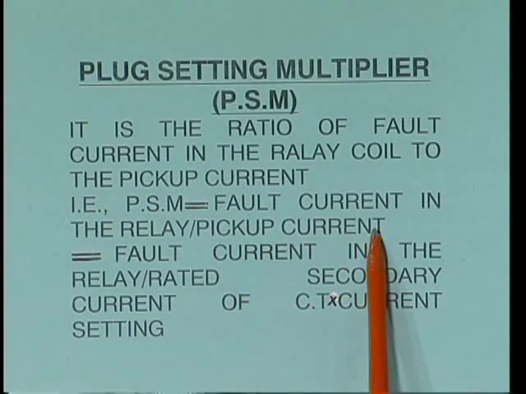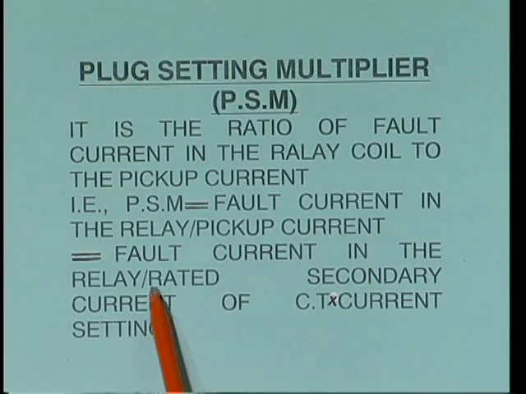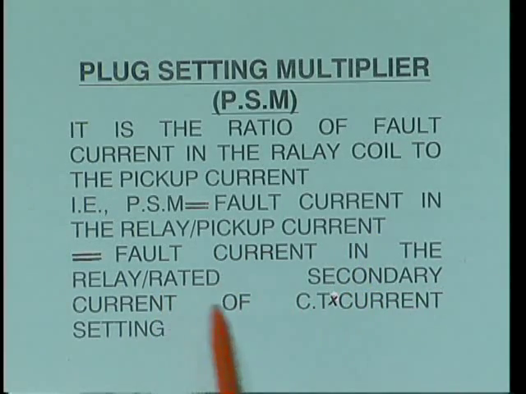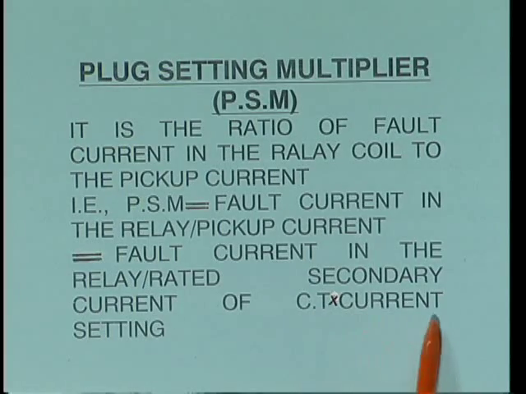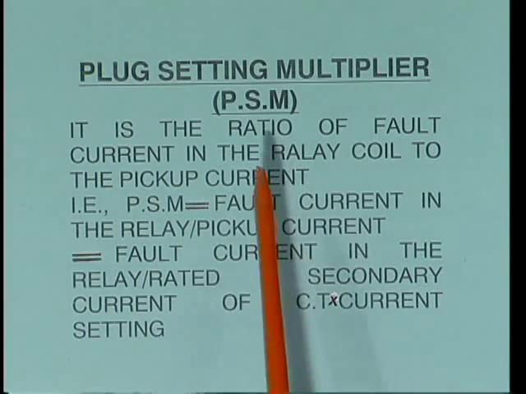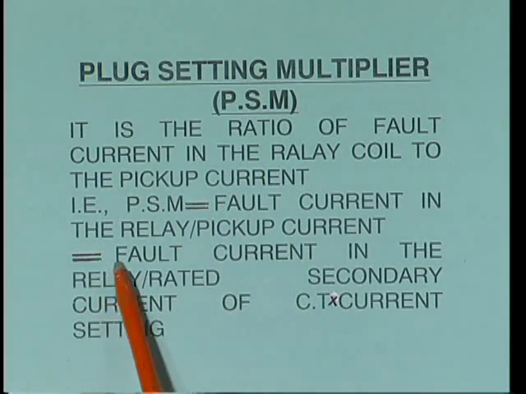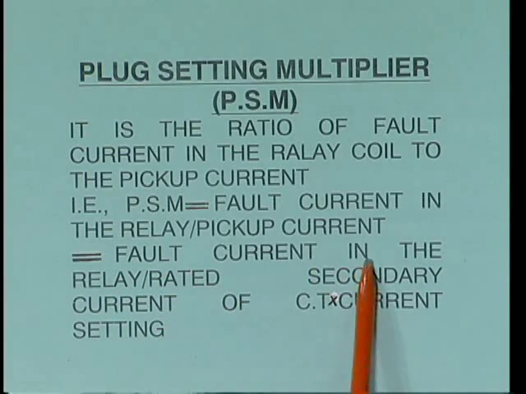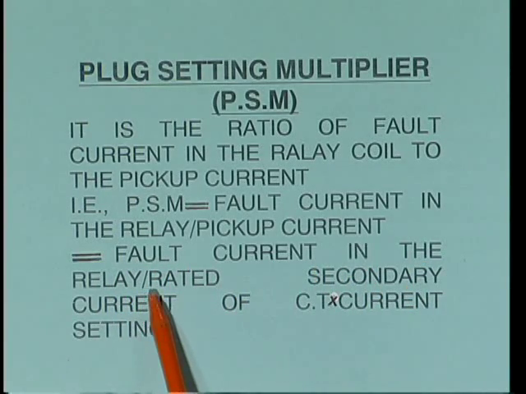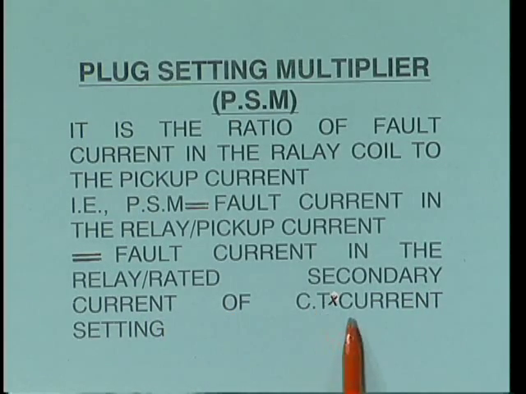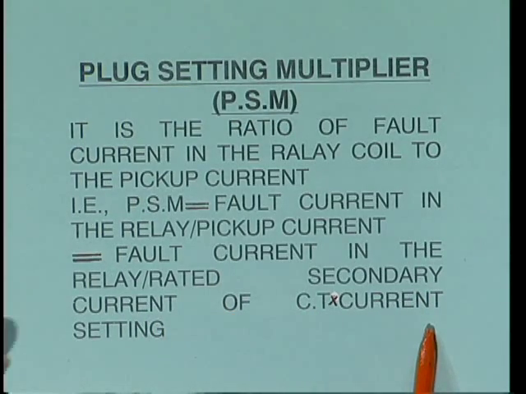Here, as you already saw, the pickup current is equal to the rated secondary current of the current transformer into current setting. Therefore, PSM equals fault current in the relay divided by rated secondary current of CT into current setting. So this is the plug setting multiplier.